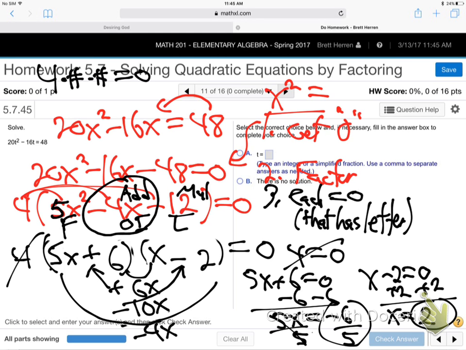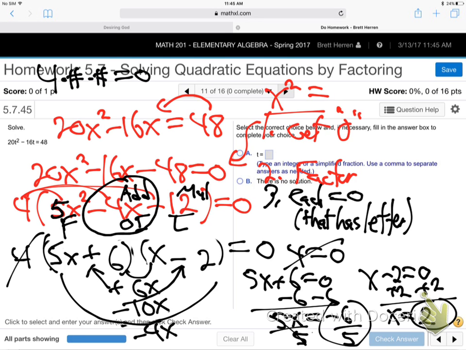Just think, guys. If I said 4 times something, 4 times something is coming out equal to 0. What does that mean? Doesn't that mean this guy could be 0? Or this could be whatever, some number. 4 times 0 would be 0, 0 times anything is 0. Or the back guy could be 0, because 4 times anything times 0 would be 0.